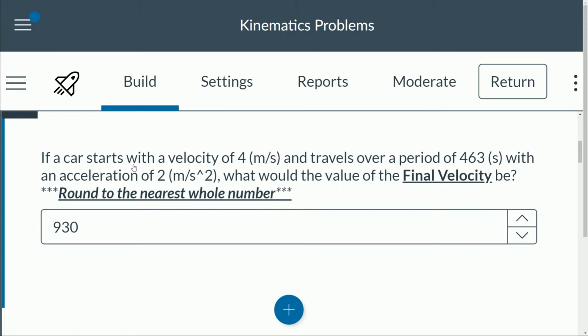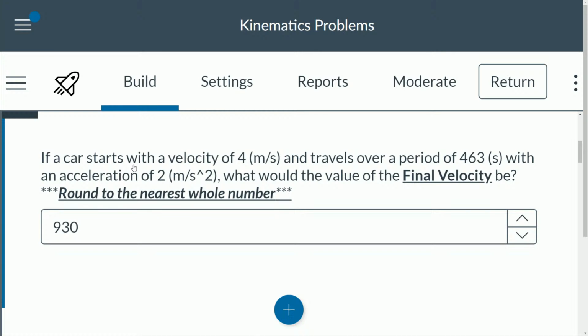Now, what I did over here was another way to help you figure out which equation to use. I know that I need to find my final velocity. I'm given my initial velocity, my acceleration, my time, and I do not know anything about distance.